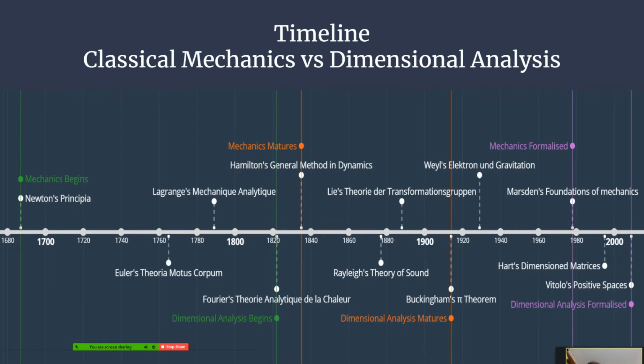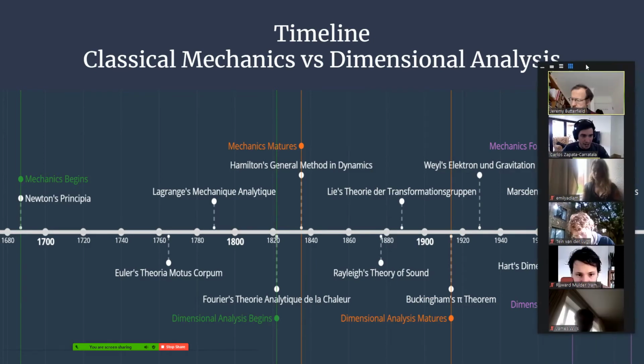And then finally, in the last few years, there were a few publications from Vitolo and collaborators who proposed their theory of positive spaces and semi-vector spaces, and in my opinion, that basically mathematically captures in full rigor what dimensional analysis is. So we have a good mathematical theory of dimensional analysis.